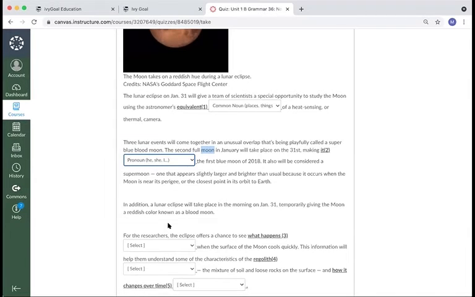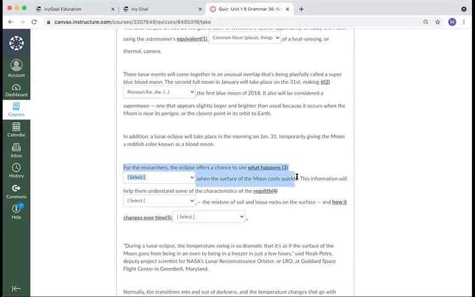Alvin, can you read this sentence, please, and help us choose? For the researchers, the eclipse offers a chance to see what happens when the surface of the moon cools quickly. Can I see the answer choices? Noun clause. Yeah, good. It's more than one word, right? Good. Okay. Jeremy, this next sentence, please. There's two in there.